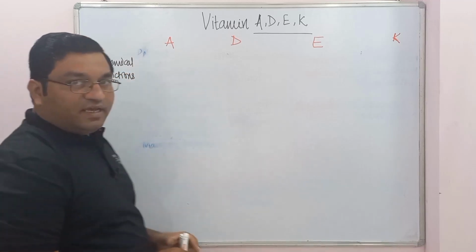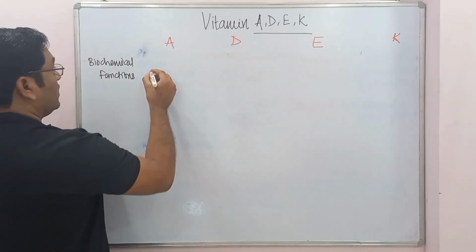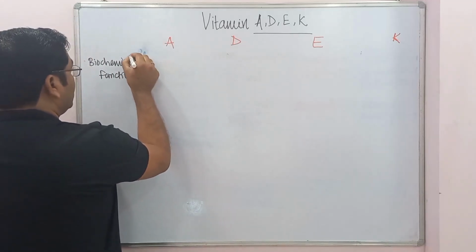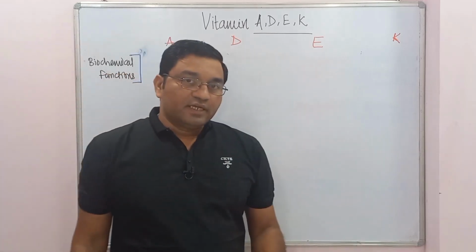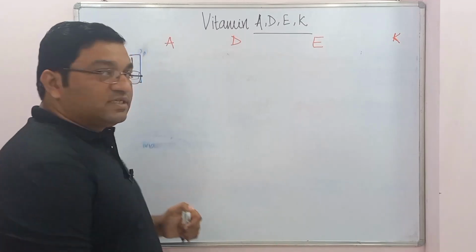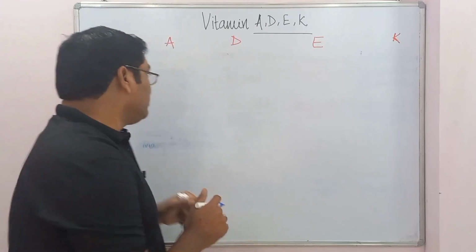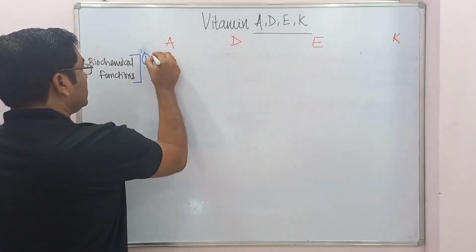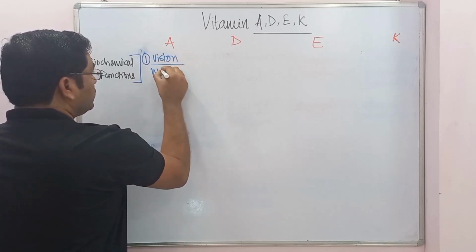Vitamin A, retinol, has a number of functions in our body. The retinal form, 11-cis retinal, is present in rhodopsin. So it is important in vision, mainly in Wald's visual cycle.